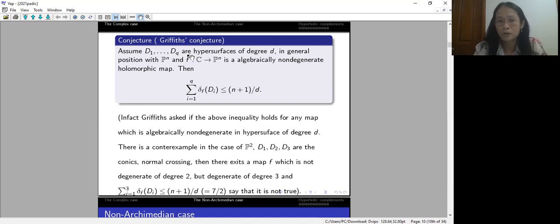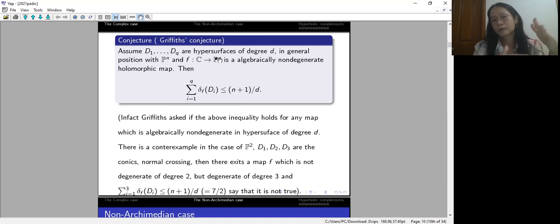This is a very strong result. Until now it's still open, but remember that f has to be algebraically non-degenerate in P^n.